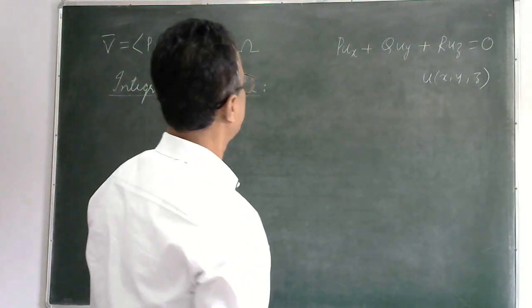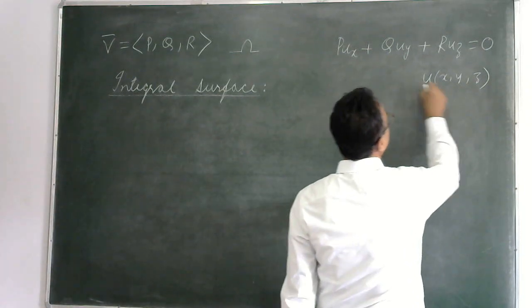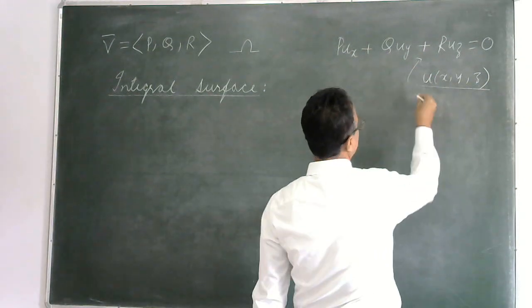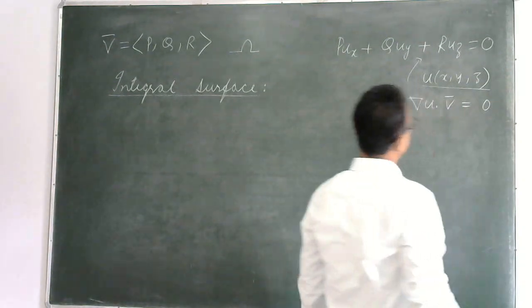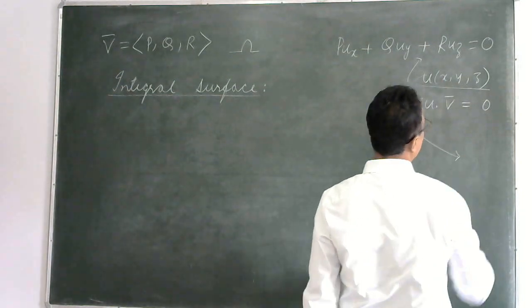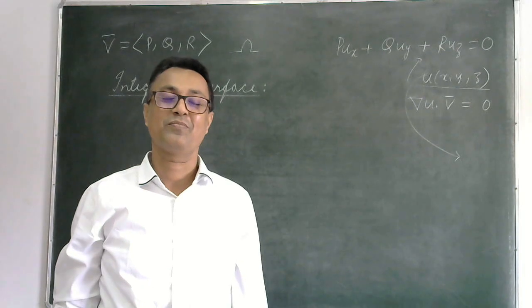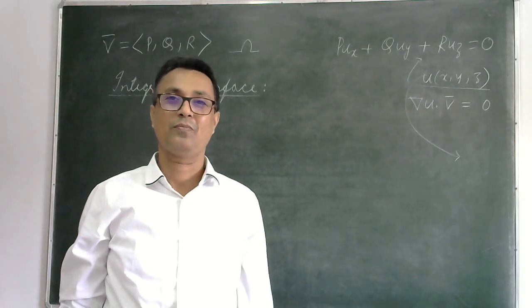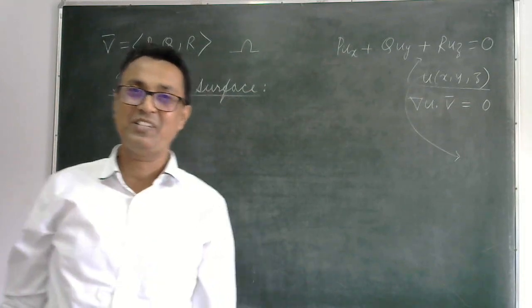And then what we did, if this function satisfies this equation, so basically grad u dot v bar is equal to 0, we called this function to be what?